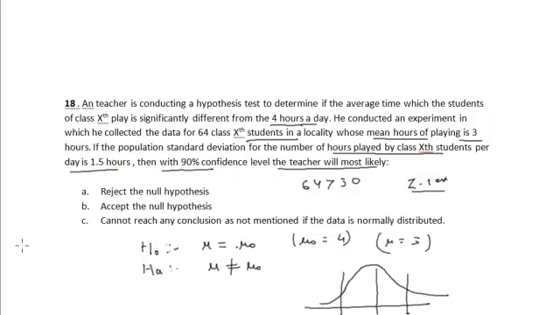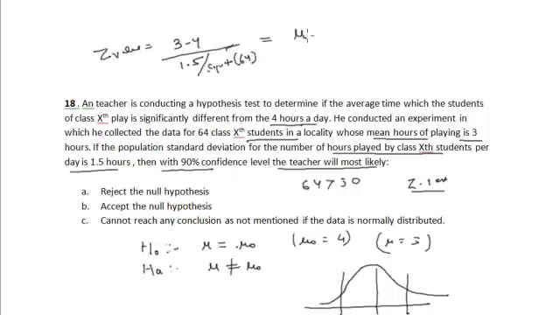And hence, when we calculate the Z value, it is equal to mu minus mu naught, that is 3 minus 4, divided by the population standard deviation, and this divided by the square root of the number of observations, that is 64.